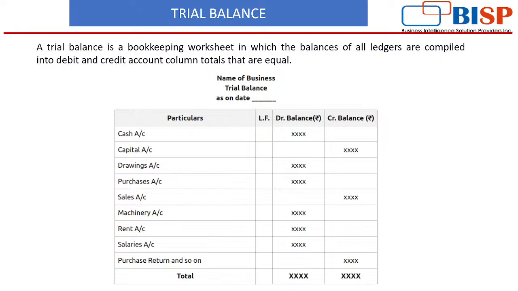So we are given an extract of a trial balance in the problem statement, in the format that you can see on the screen. We have debit balances and credit balances, and we have to load this through data management.